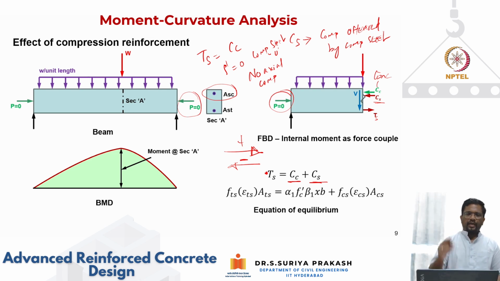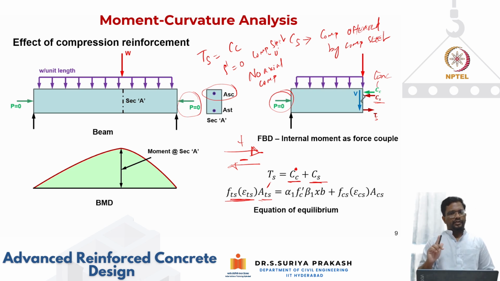Now again, how do we do the analysis? For an assumed strain distribution, I can get my stress as a function of strain in the steel. Stress multiplied by area will give me this force. Now what is CS? See, steel is good both in compression and tension. Only concrete is very strong in compression but weak in tension.